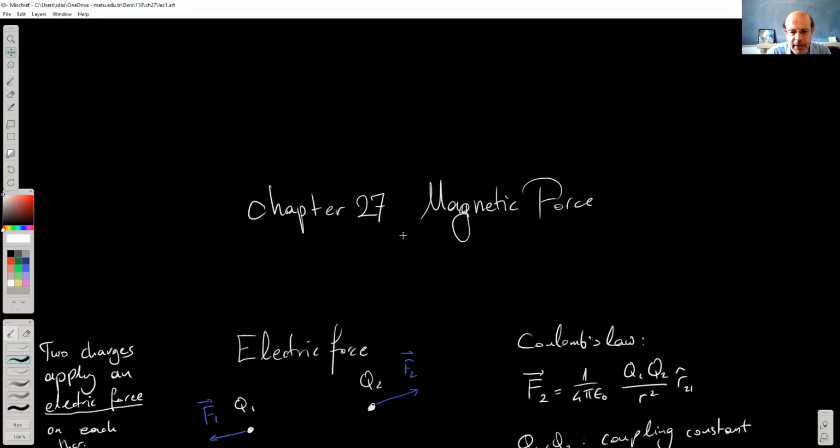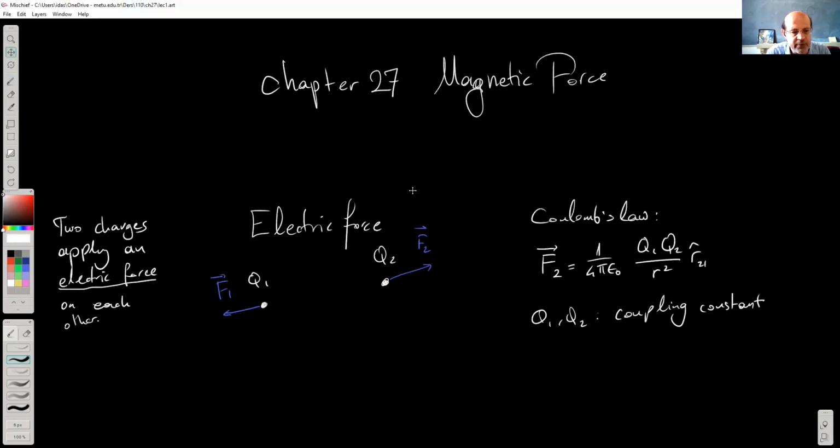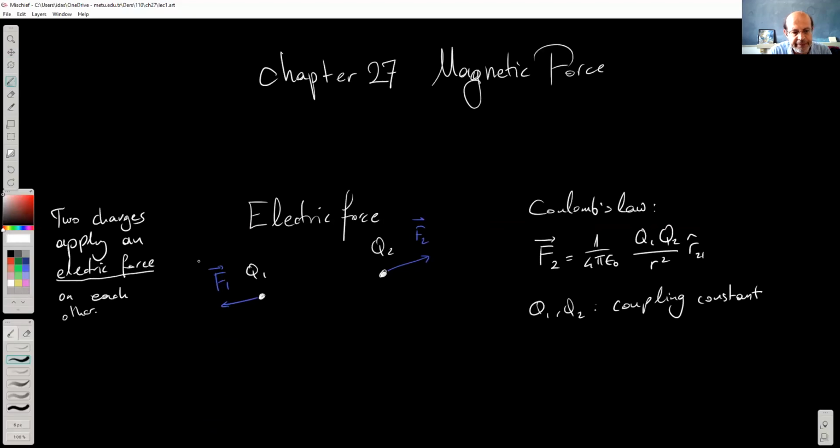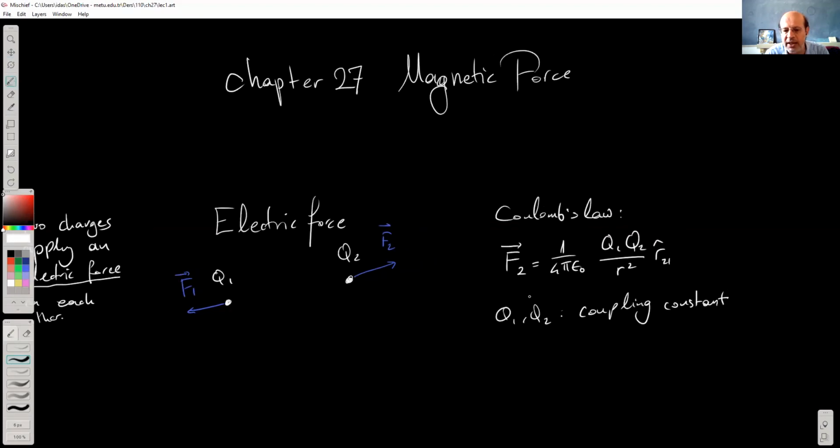Let's remember this electric force. We basically say that 2 charges apply an electric force on each other. This is just a reminder. If you have 2 charges, whatever they are doing, we know that they apply forces to each other, and the force is given by this Coulomb's law expression.